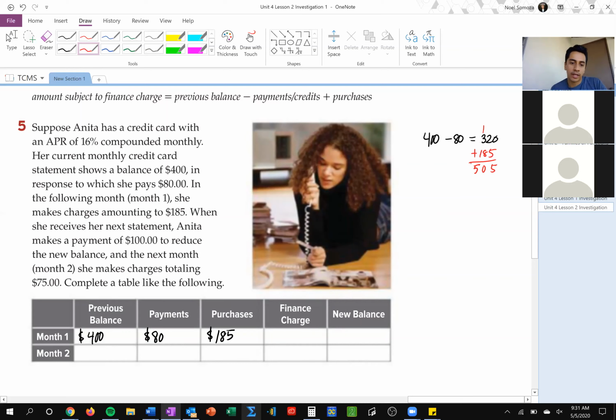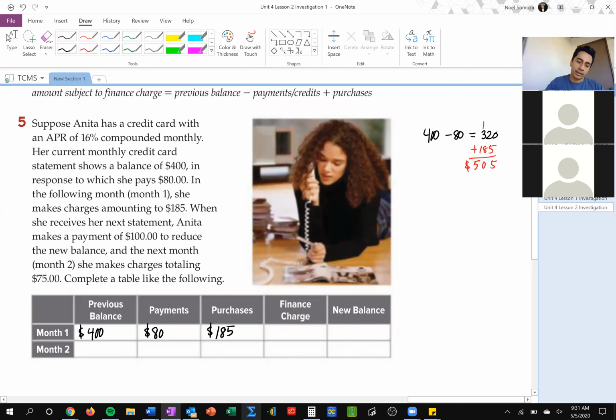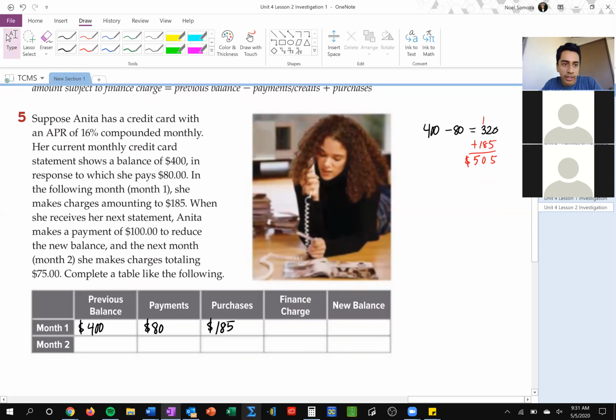Now she has $505 that she owes to the credit card. So she made a small dent, but then she racked it up one more time. So what does she have to pay a finance charge on? She has to pay finance charges on the $505.